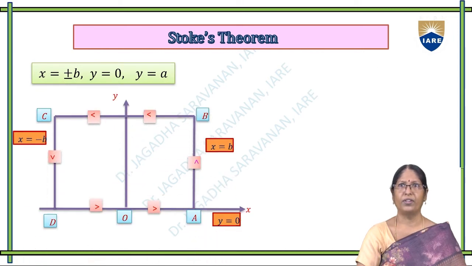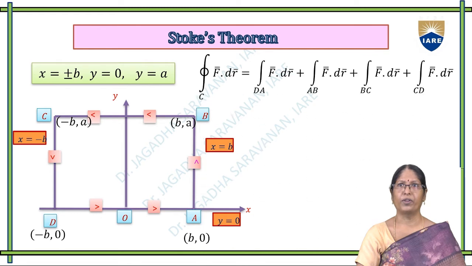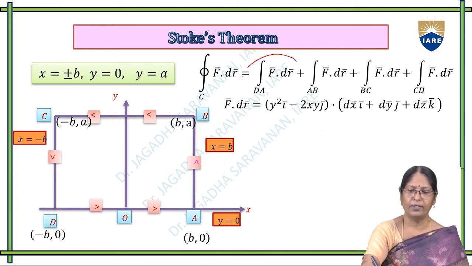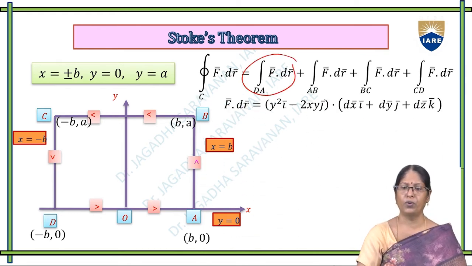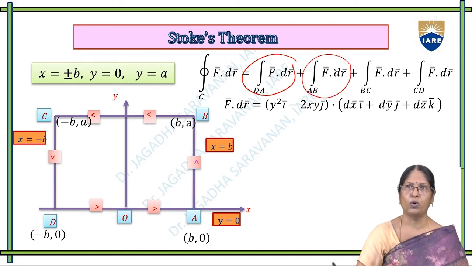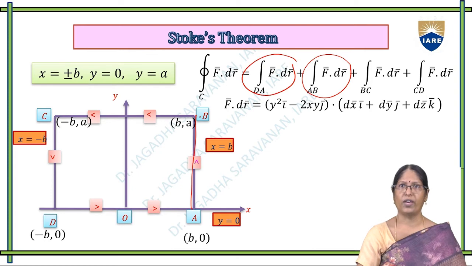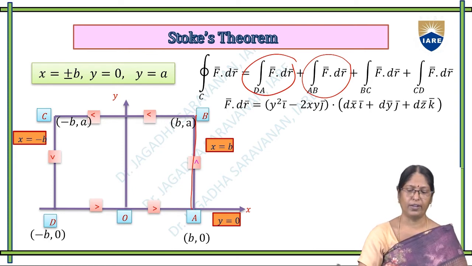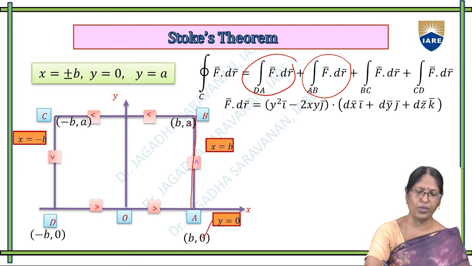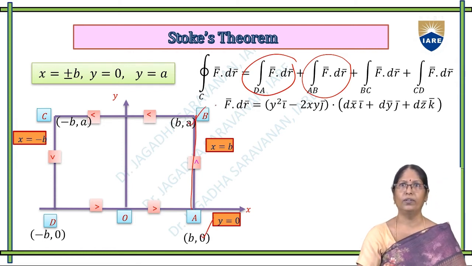So we can see it here, all the points are given. We completed this one just now, and we got 0. Now we are in this domain, AB. Here we are moving in the y direction, from 0 to a, the integral over.